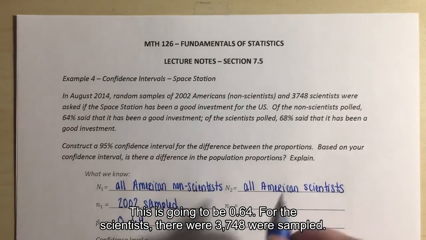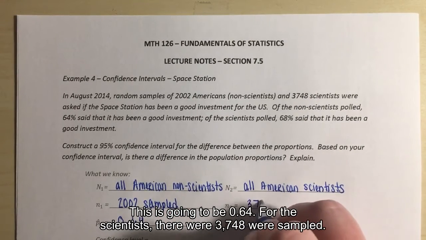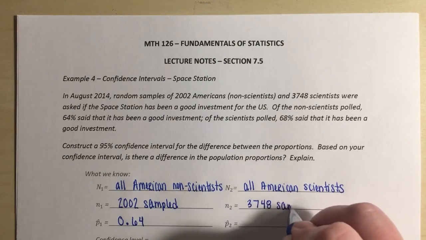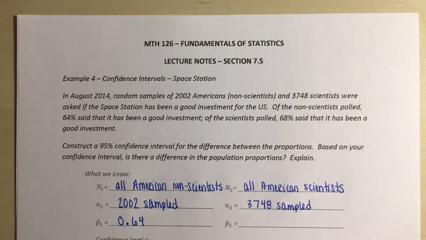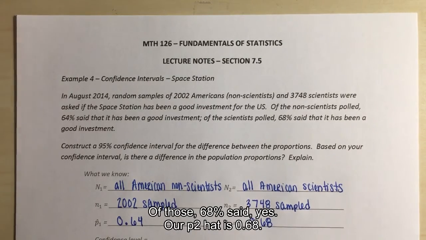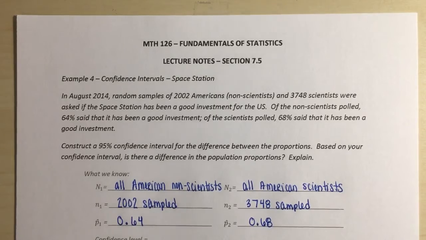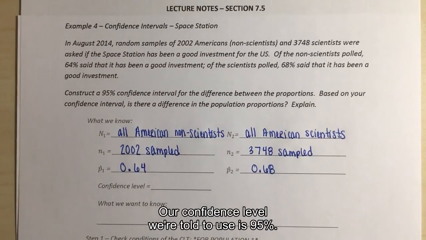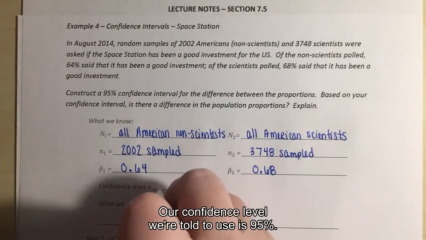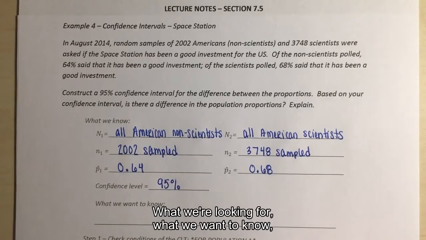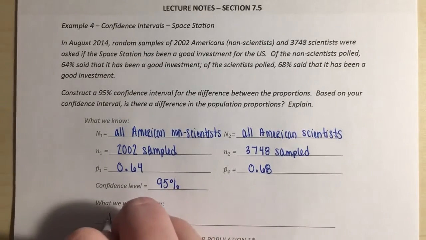Right, for the scientists, 3,748 were sampled. Of those, 68% said yes. So our p2 hat is 0.68. Our confidence level we're told to use is 95%.